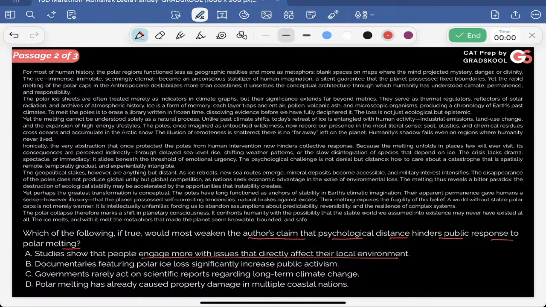This strengthens the argument, right? Here we have to weaken the claim that if there is distance, the response will be delayed, but this says people respond quickly to nearby things, so it's strengthening. Documentaries featuring polar loss significantly increase public activism. So through this, if people look at the documentaries, they get activated. So this is kind of weakening.